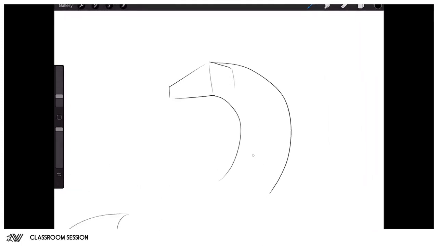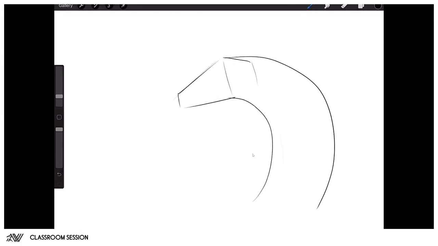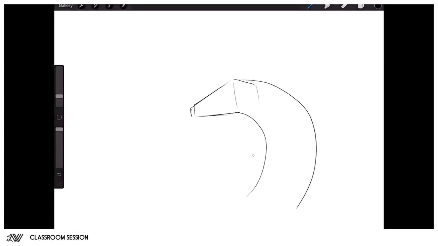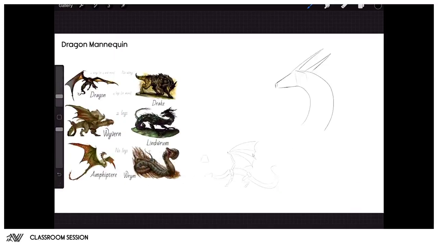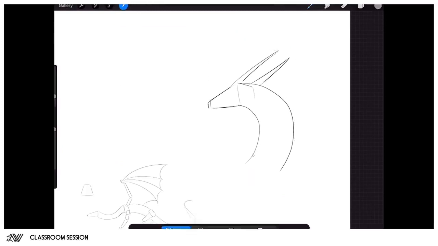Something like this, maybe, to start off with. Like a very simple shape, and then of course 2 simple horns like that. This could be the start of your dragon.